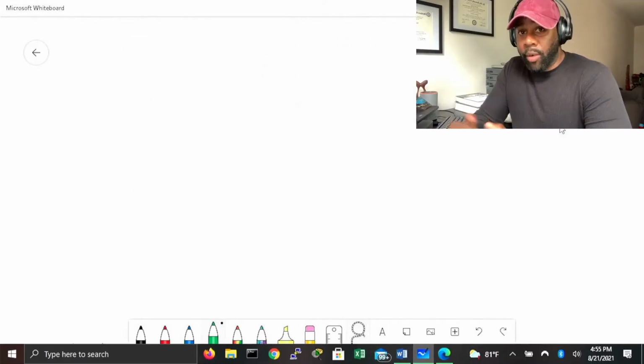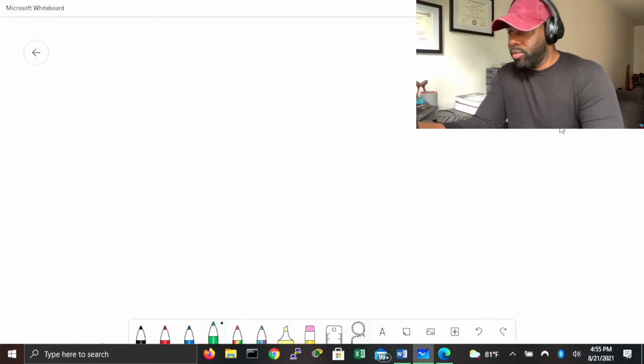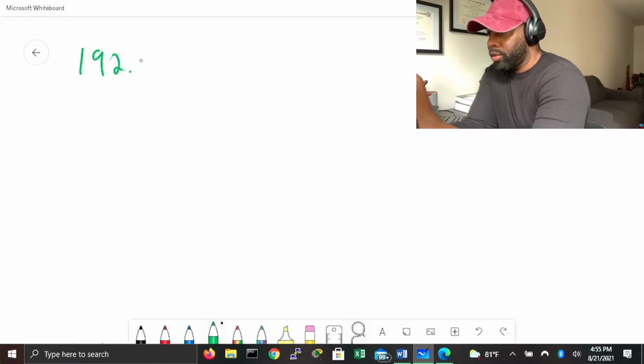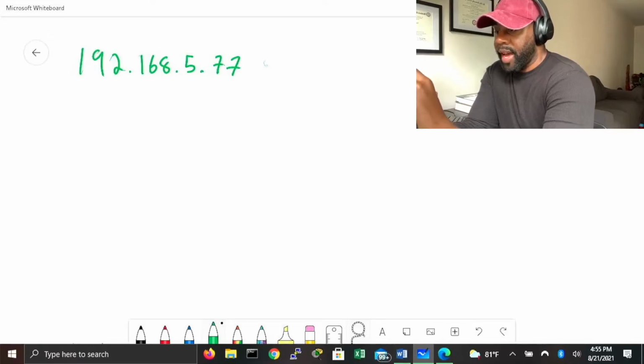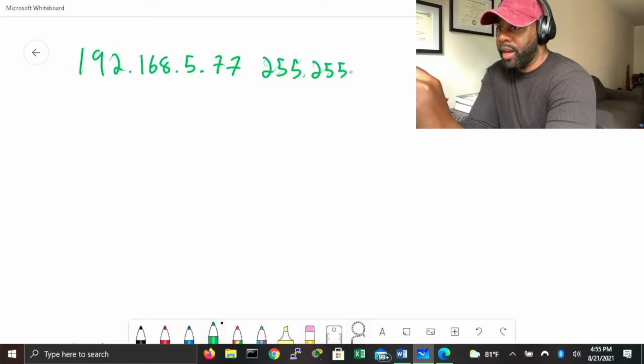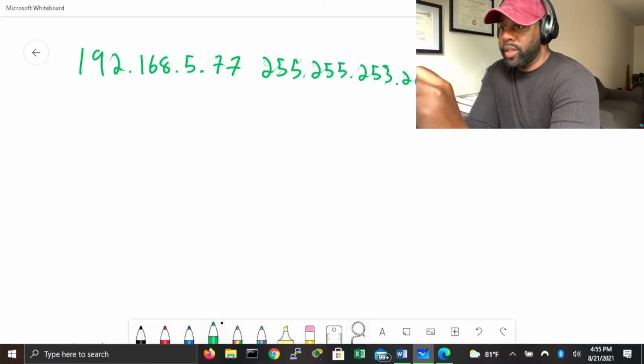Let's move on to our next example so that we can fully grasp this analyzing of existing subnets. Our next practice problem is going to be very similar to the last one, but we're just going to change one octet. So 192.168.5.77 with the mask of 255.255.255.224.